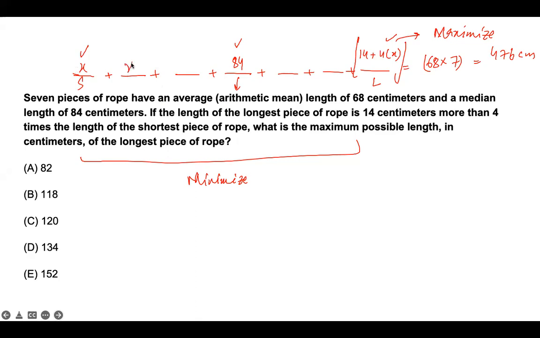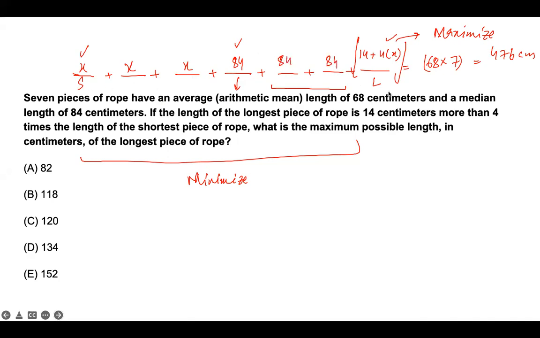If this is x, these 2 must also be x. So these 2 are minimized to their minimum extent. Now for the 2 above the median 84, what is the minimum possible value? Keep this in mind: this is the median and these 2 can't be less than the median, otherwise the median will change, which is not possible. So the minimum possible value of these 2 is equal to the median, 84 and 84.